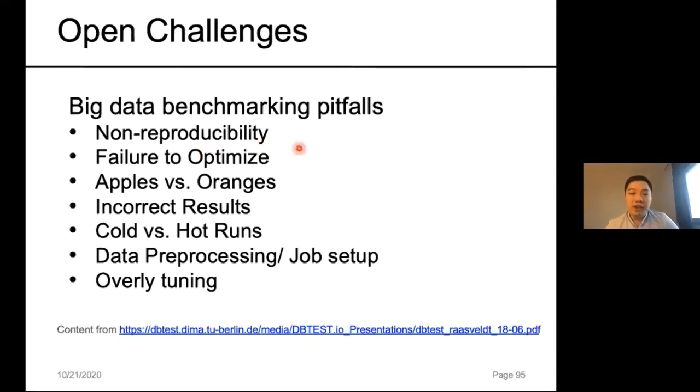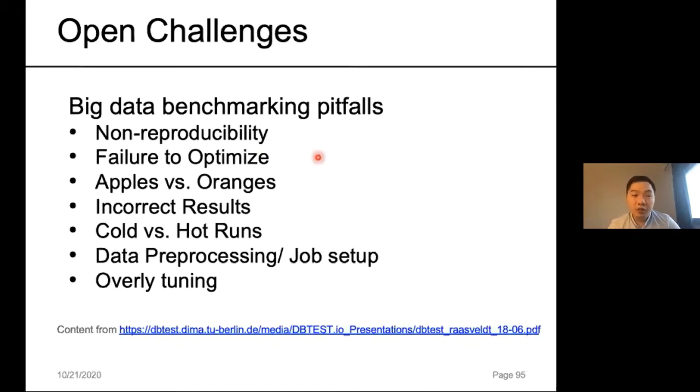Meaning that now the benchmarking tools and the benchmarking results are often not reproducible, because the benchmarks are not open source, or the results are invalid.